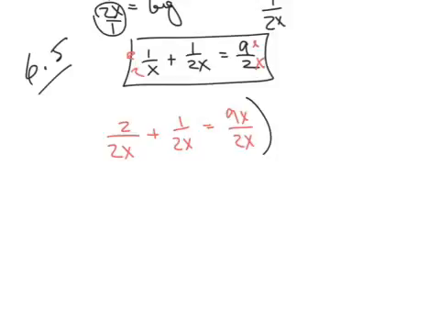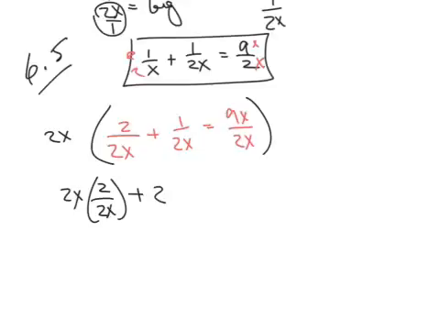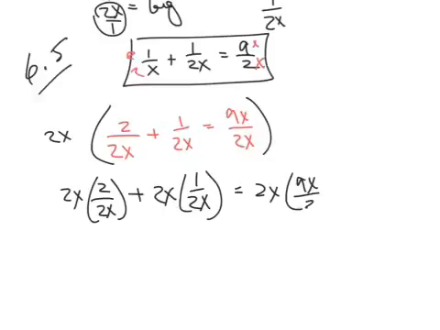Now if we multiply the entire thing by the common denominator, then we have 2x times 2 over 2x plus 2x times 1 over 2x equals 2x times 9x over 2x. Alright, so let's cancel in red.